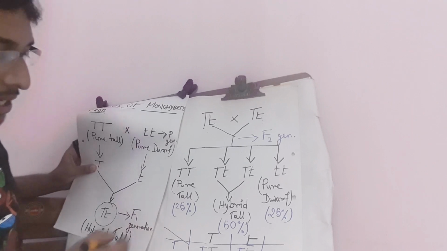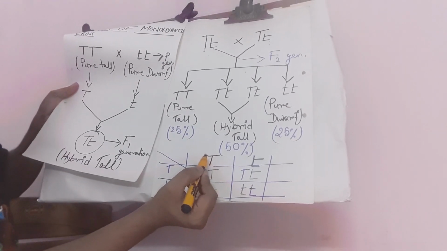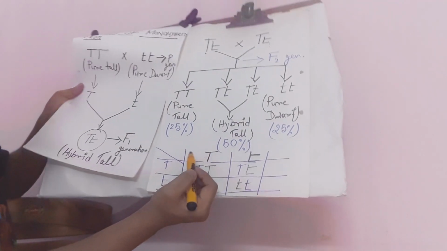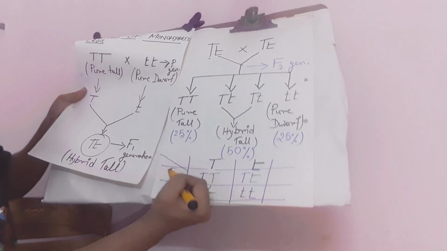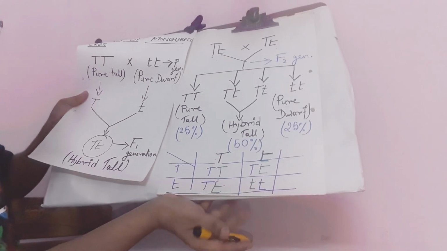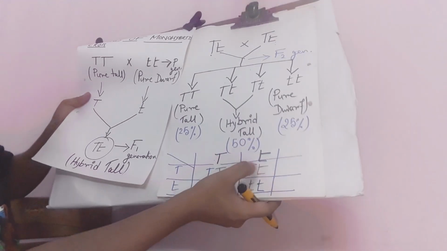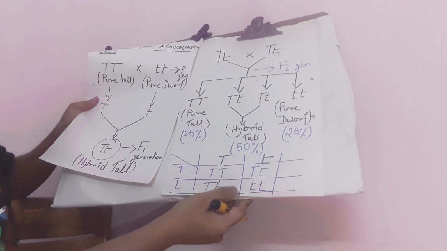Because if you see the checkerboard is there, which is capital T, small t and capital T, small t. If you see, these are male gametes, these are female gametes. So capital T, small t, these are male gametes, these are female gametes, and they are producing capital T, capital T, capital T, capital T, capital T, small t, capital T, small t. Also capital T, small t, small t, small t.